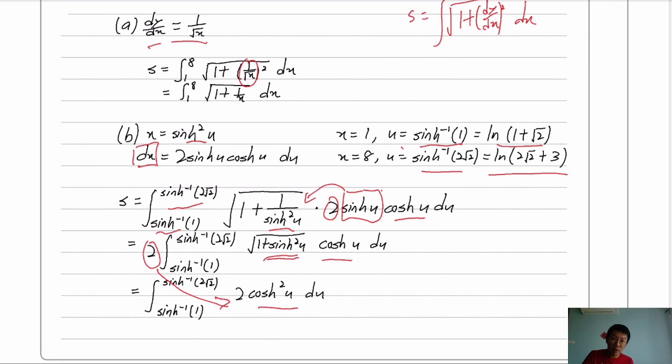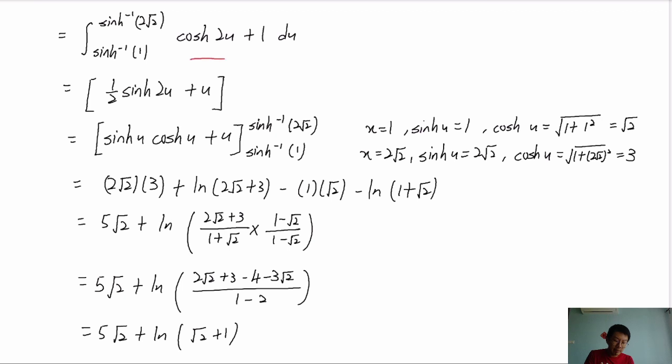Because we want to use the double angle formula, because we cannot just integrate cosh squared or sinh squared. So for that we use the double angle formula, and this is so nice. We have cosh 2u plus 1. This is so easy and so nice to use. And we integrate from there, so we get half of sinh 2u plus u.